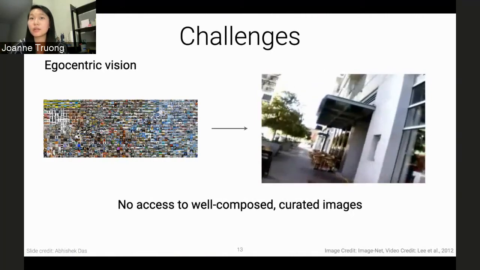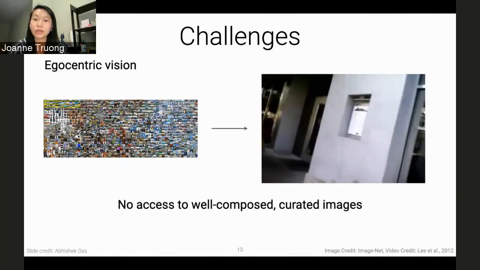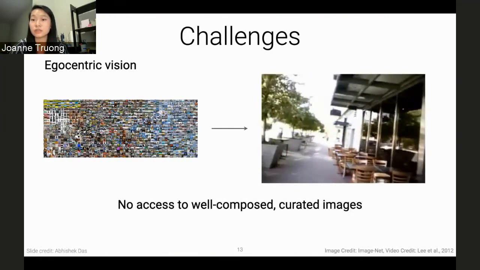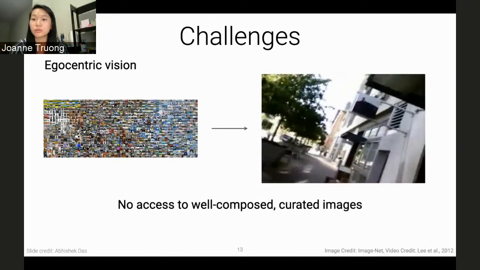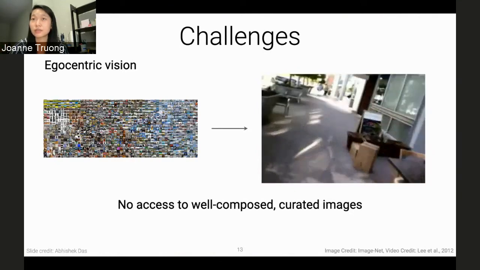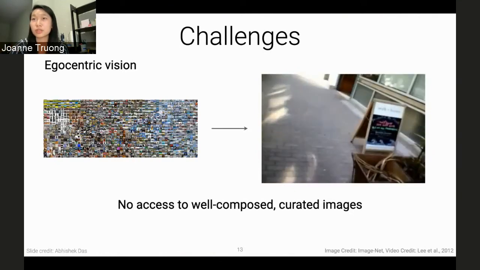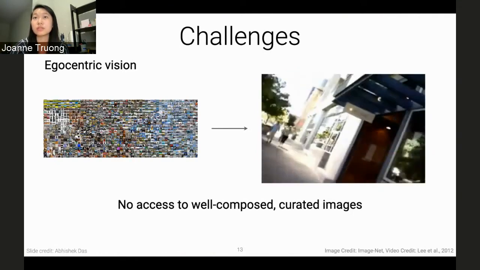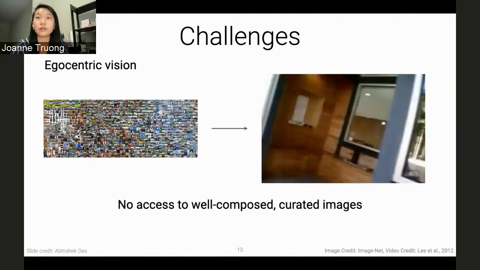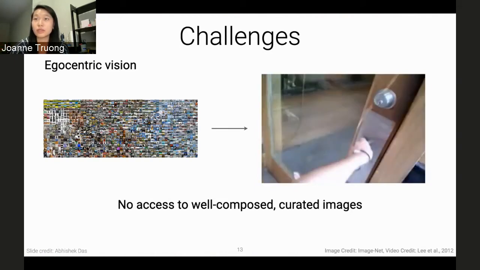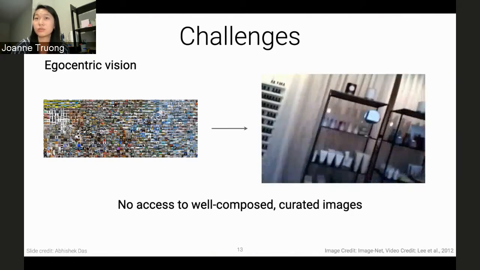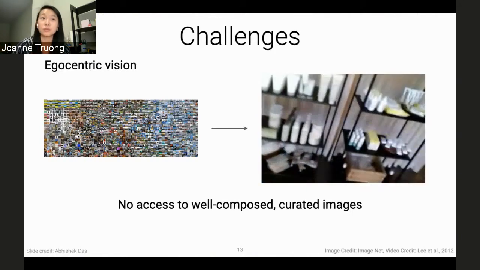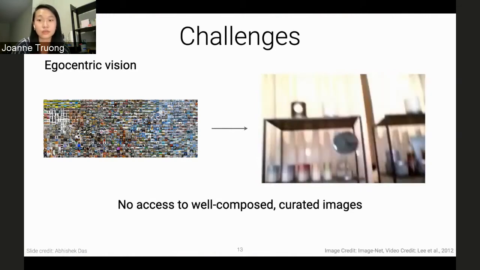But if we have a robot in the real world, this robot would have to reason about objects, scenes, or attributes, and also have to come up with a sequence of actions to perform for some downstream task purely based on this egocentric or first-person vision. And so as you can see, as humans or robots walk around in the environment, what they perceive can also be very bumpy or shaky, and the objects aren't well composed as they would be in these static data sets.